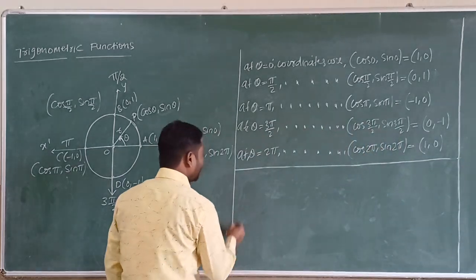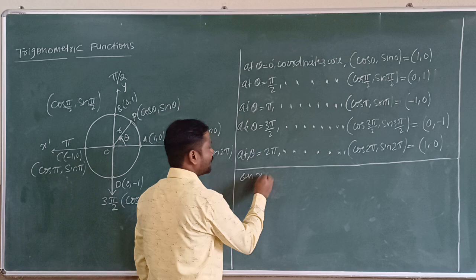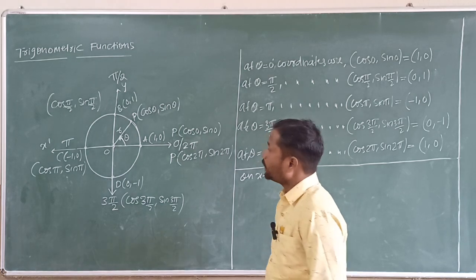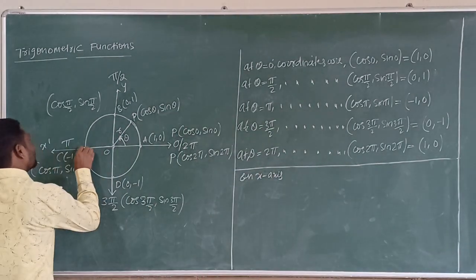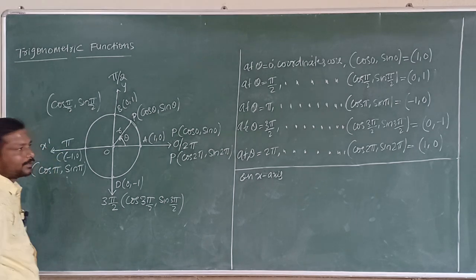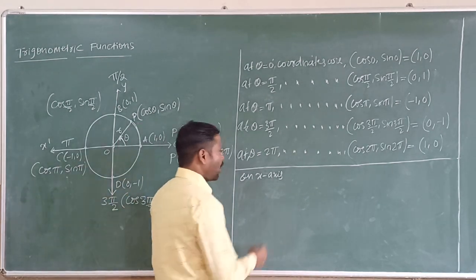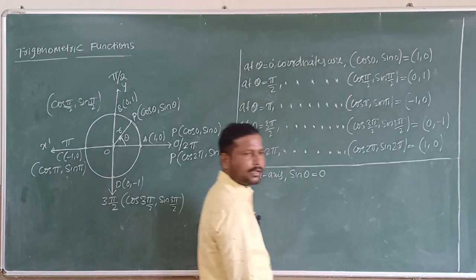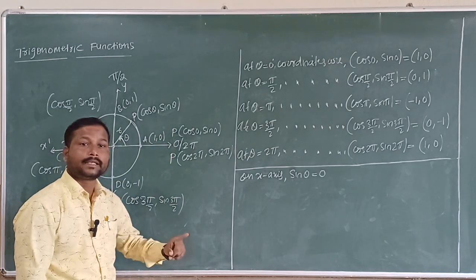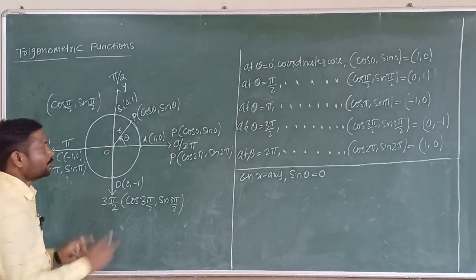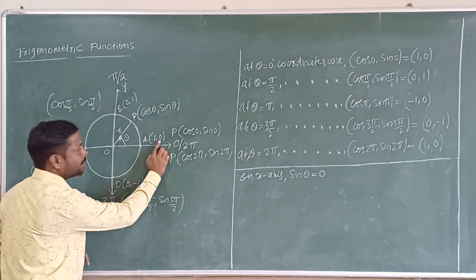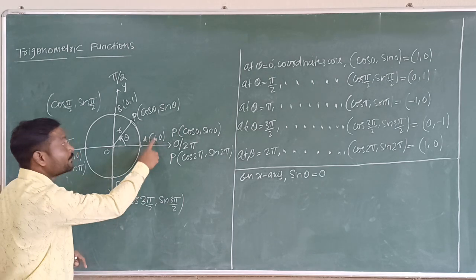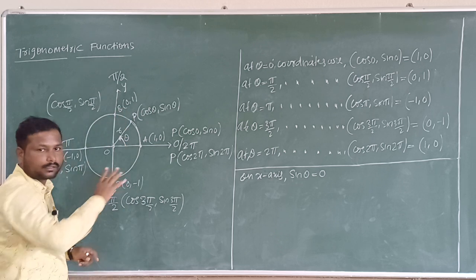Next one here, it is also included in this. Okay. See here, on x axis, on x axis, right? On x axis. The diagrams look small, but the information is very large. Right? On x axis now, sin theta equals 0. Observe on the x axis, whatever the sin theta value, it is always 0. The coordinate is cos theta, sin theta. The first value is always the cos value, the second value is the sin value now.